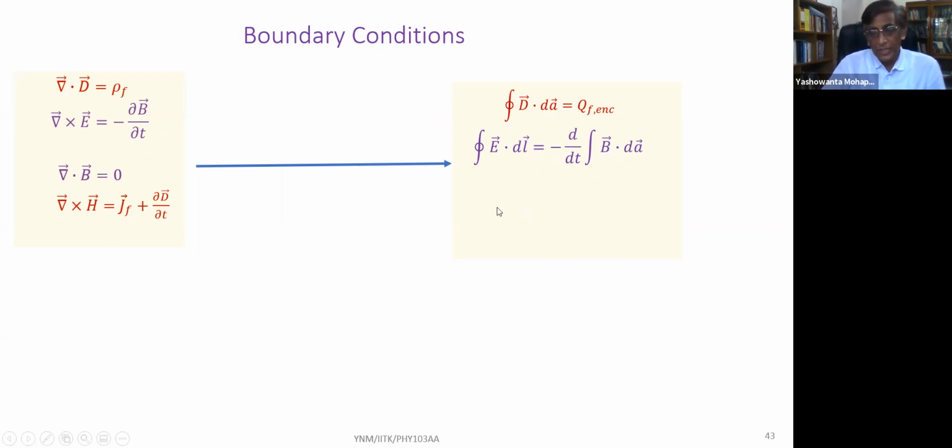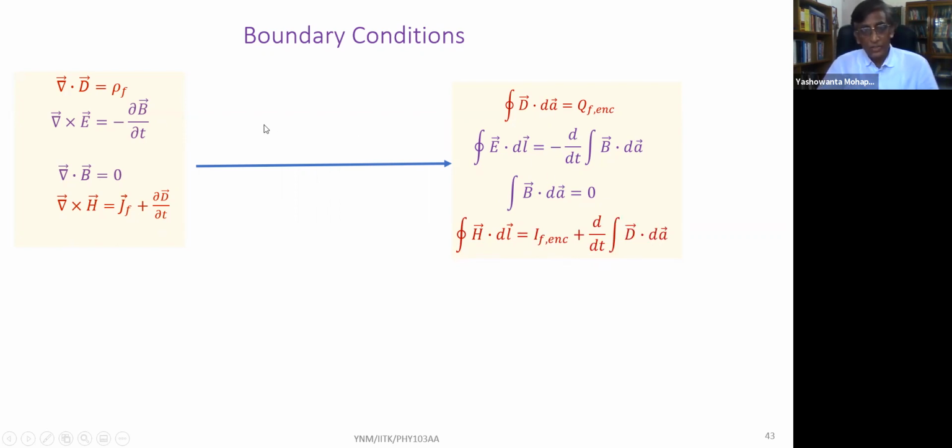B dot dA is of course 0, and converting this into its integral form will give you d by dt of D dot dA. So this is Maxwell's equations in differential form in matter, and this is Maxwell's equations in integral form in matter. So one can take especially these equations and apply our old technique of finding out the boundary conditions.